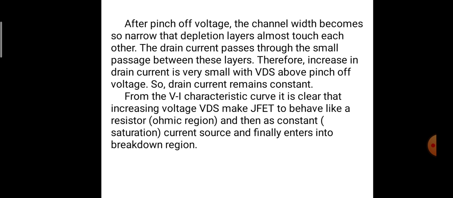From the V-I characteristics curve, it is clear that increasing voltage VDS makes JFET behave like a resistor, that is the ohmic region, then as a constant saturation current source, and finally enters into the breakdown region.